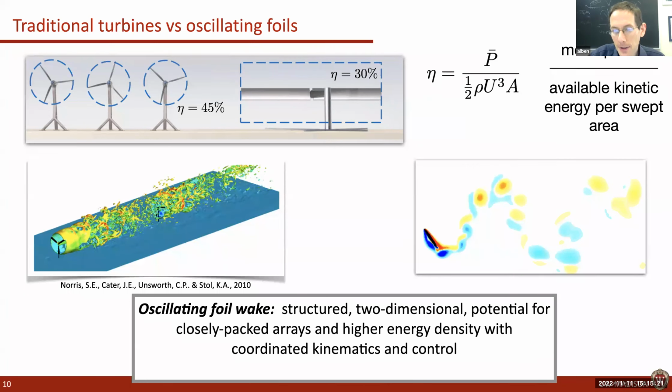Is the area based on the total excursion of the wing as it flaps up and down? Yes, by definition, the power denominator is that entire swept area. Okay, and you're saying you could modulate that for the wing by making it have a larger flapping amplitude or something. Right, which you can't do for a traditional turbine.